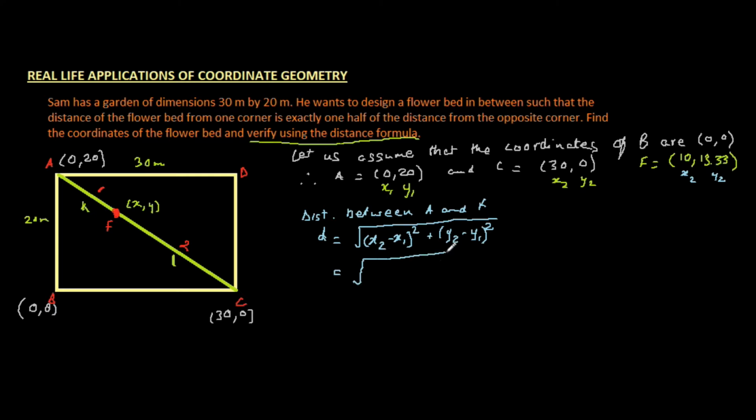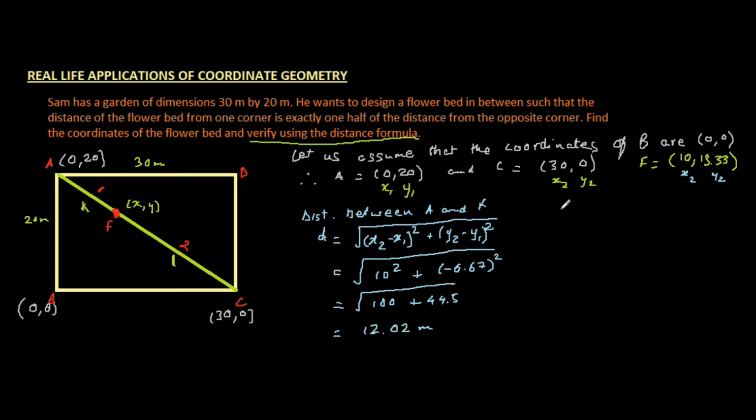So that will give me the square root of x2 is 10 and x1 is 0, so that will be 10 square, plus y2 is 13.33 and y1 is 20, so that will give me negative 6.67 square, which will be equal to 100 plus 44.5 approximately. So that is 144.5. The square root of that would be equal to 12.02. So this is 12.02 meters.